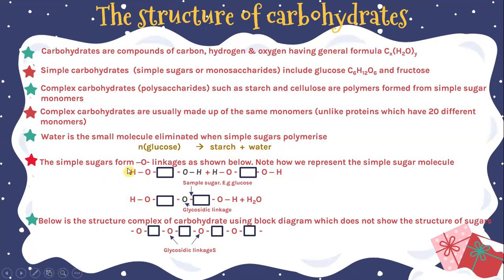The simple sugars form, you can see O linkages as shown below. So O linkages are formed, like glycosidic linkages. Note how we represent the simple sugar molecule. Below is the structure of a complex carbohydrate using a block diagram which does not show the structure of the sugar.